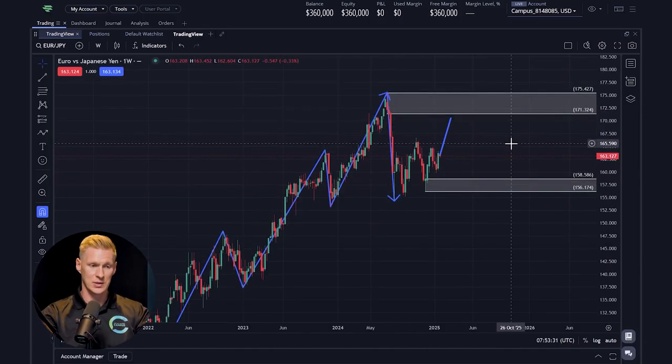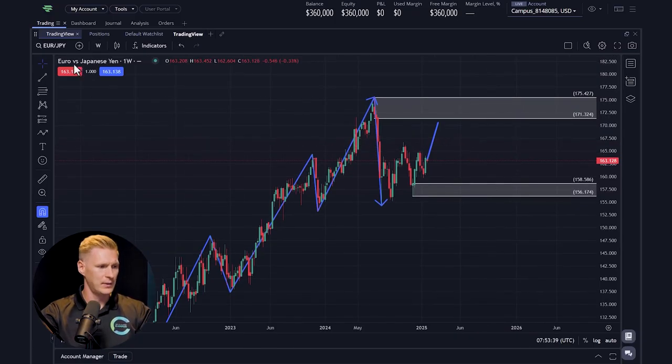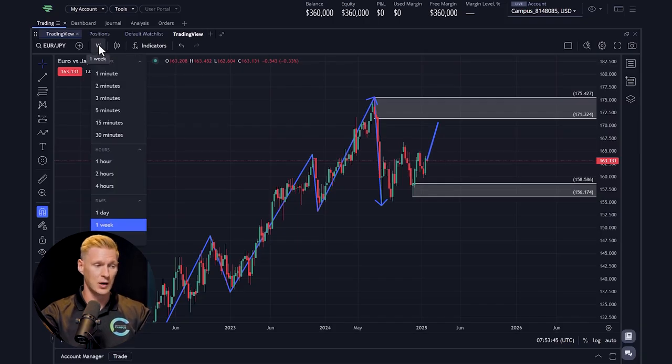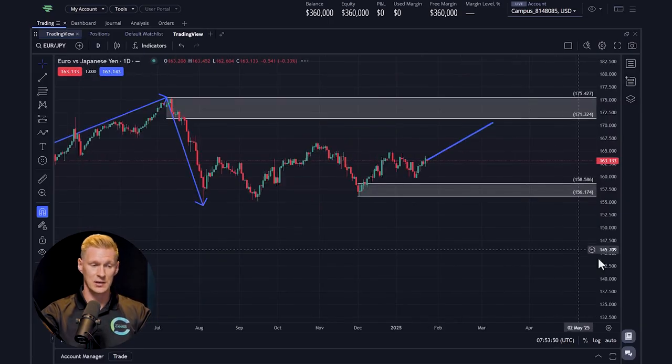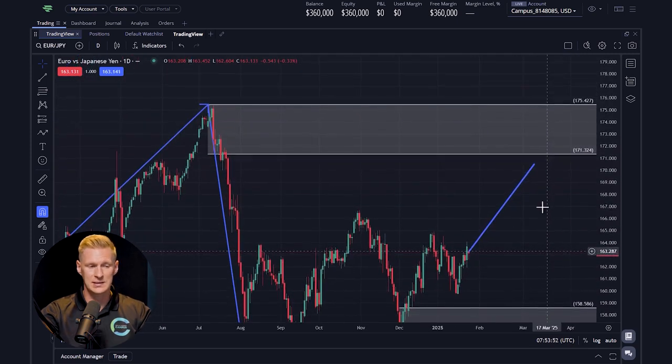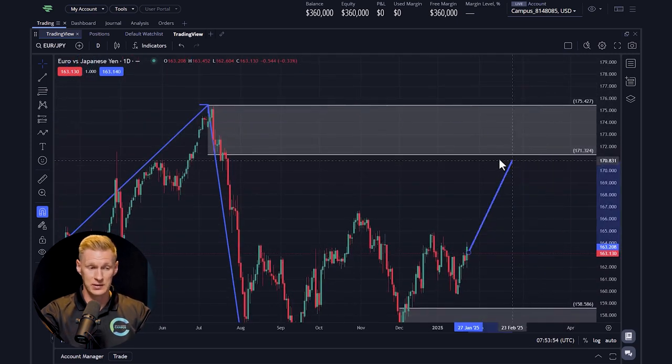The third step is where to place our setup: stop, entry, and the target. Let me write that. To place the setup always use the lower time frame. Let's go from the weekly to the next lower time frame, and in this case it could be the daily.